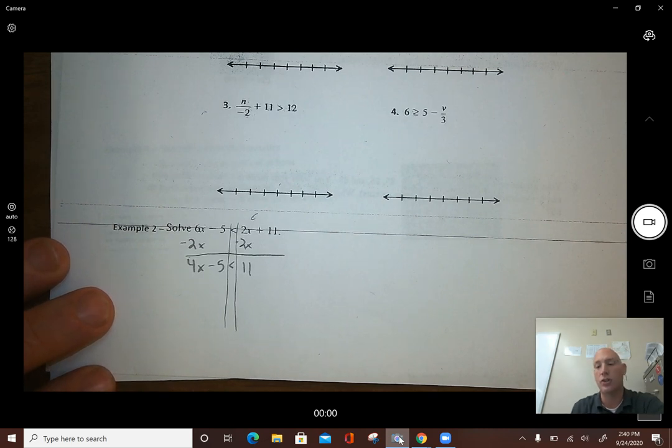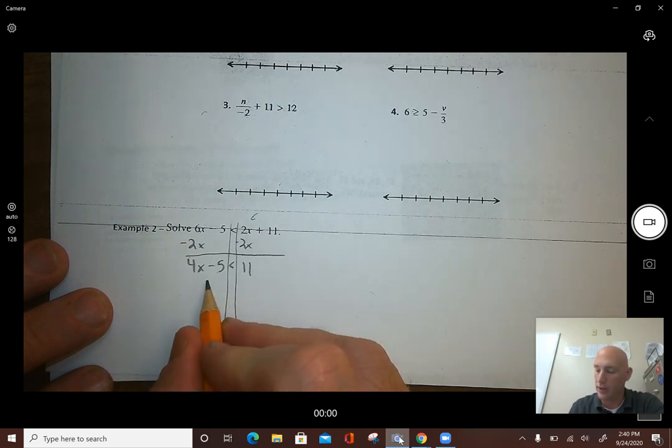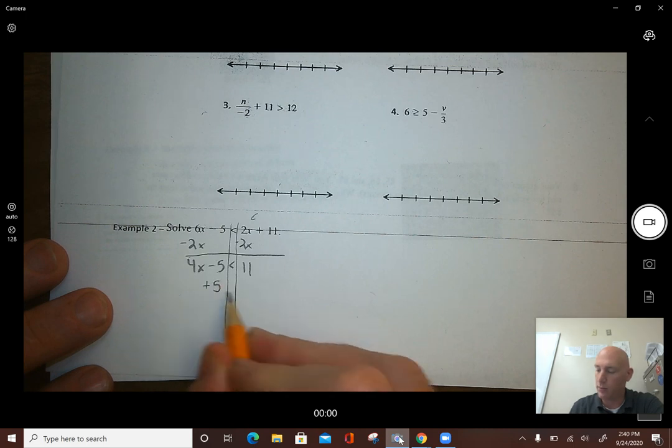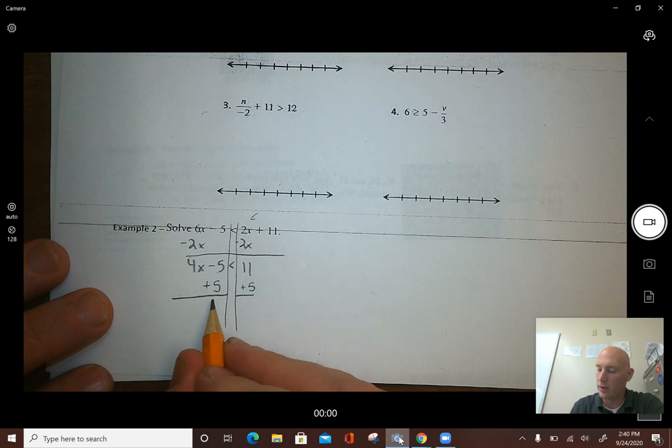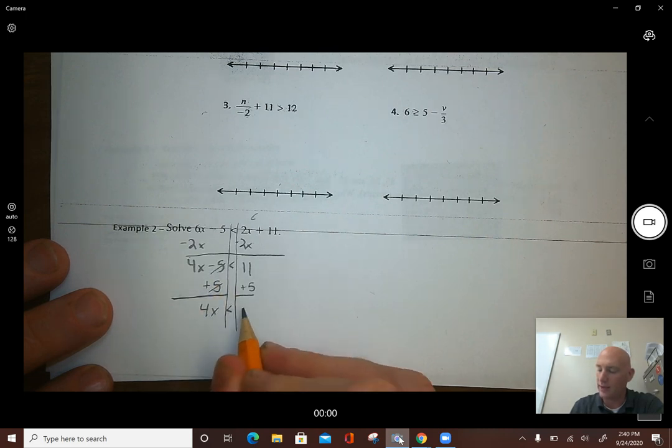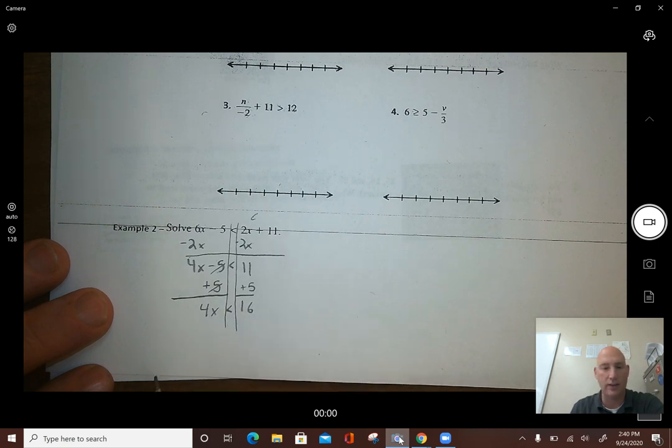Now I want to make sure my variable is on one side, so I get rid of all terms on this side. This is what I'm getting rid of, that term. To get rid of a minus 5 is plus 5. Those are gone. I'm left with 4x is less than 16.